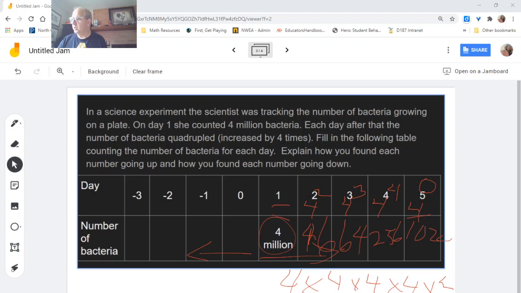So 4 million divided by 4 would be 1. And then 1 divided by 4 would be 1 over 4. And then 1/4 divided by 4 would be 1 over 4 times 4, which would be 16.